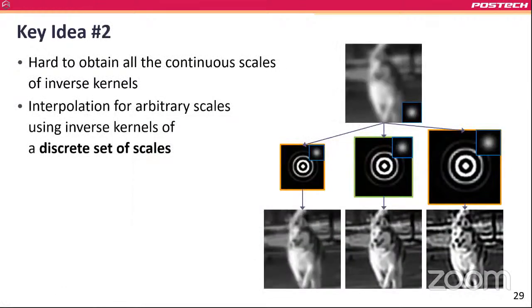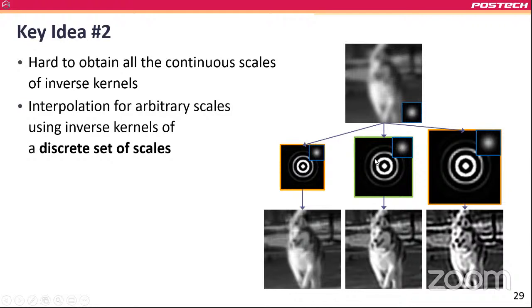The second key idea is about how to represent all the different scales of inverse corner. It may be hard or impossible to represent all the different continuous scales of inverse corner. So we simply use a discrete set of inverse corners, and then we do some interpolation. In this example, to handle the defocus blur of this image, we need this kind of scale of inverse corner.